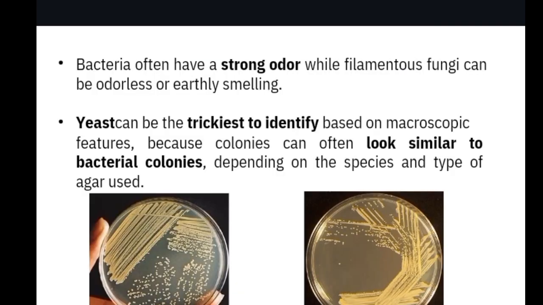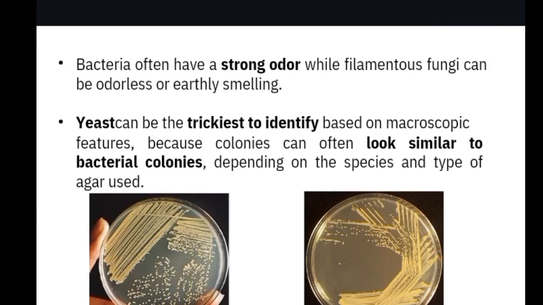Bacteria have a strong odor, while filamentous fungi can be odorless or earthy smelling. This is one of the important points that we can use to differentiate bacteria and filamentous fungi, because in appearance they look very similar to each other.